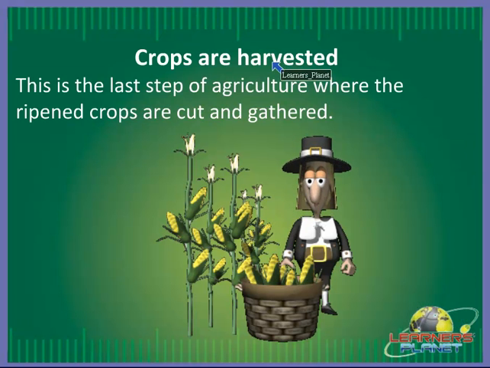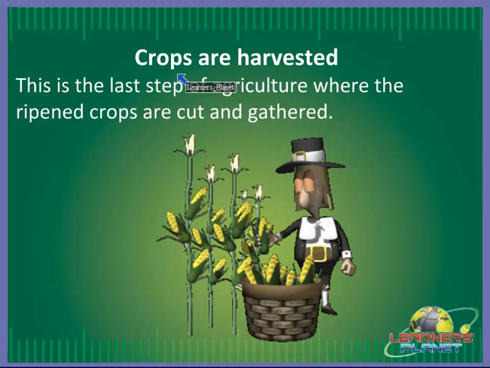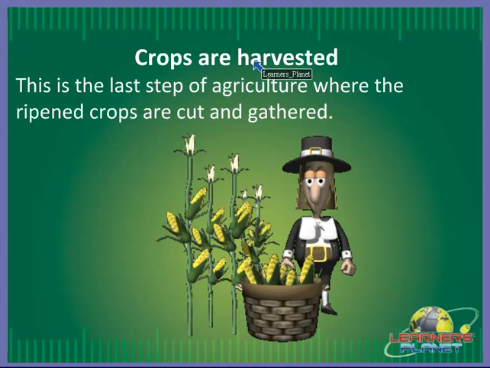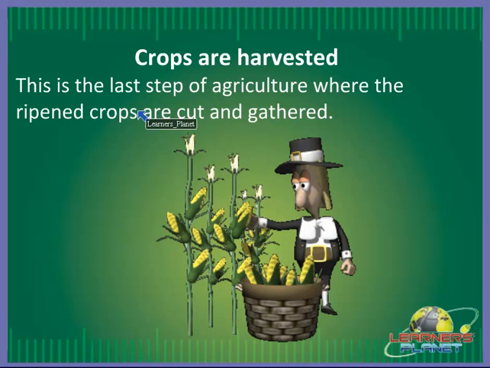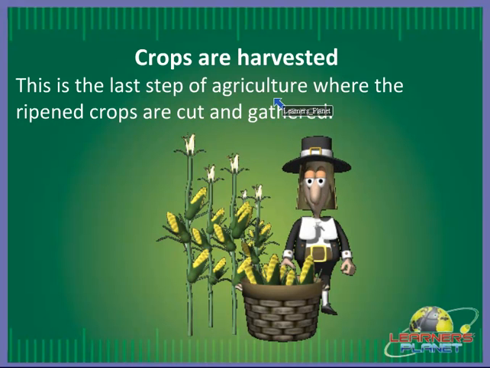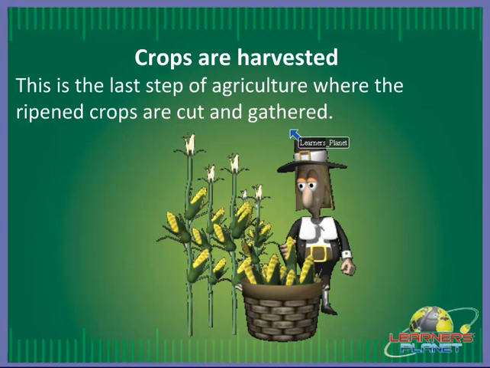Then the final step of agriculture is that crops are harvested, right? This is the last step of agriculture where the ripened crops are cut and gathered. When finally the crops are in the ripened condition, then all the farmers cut them and gather them.